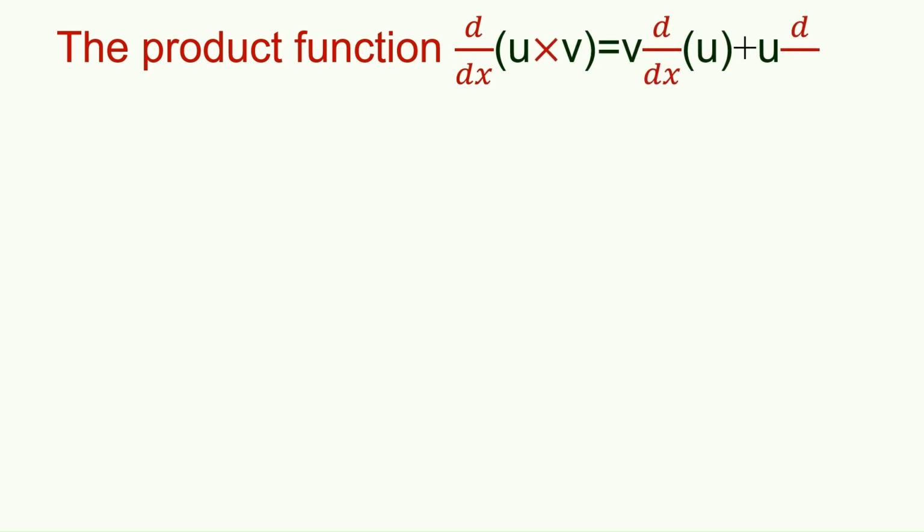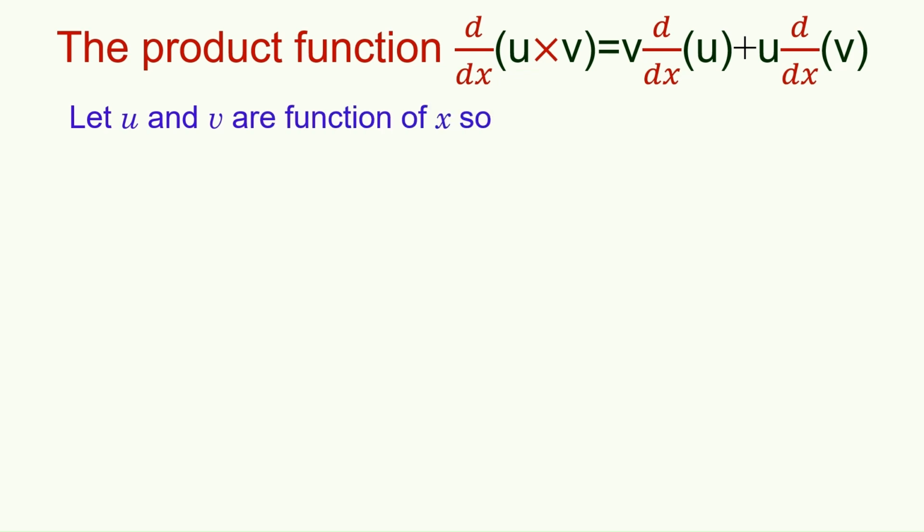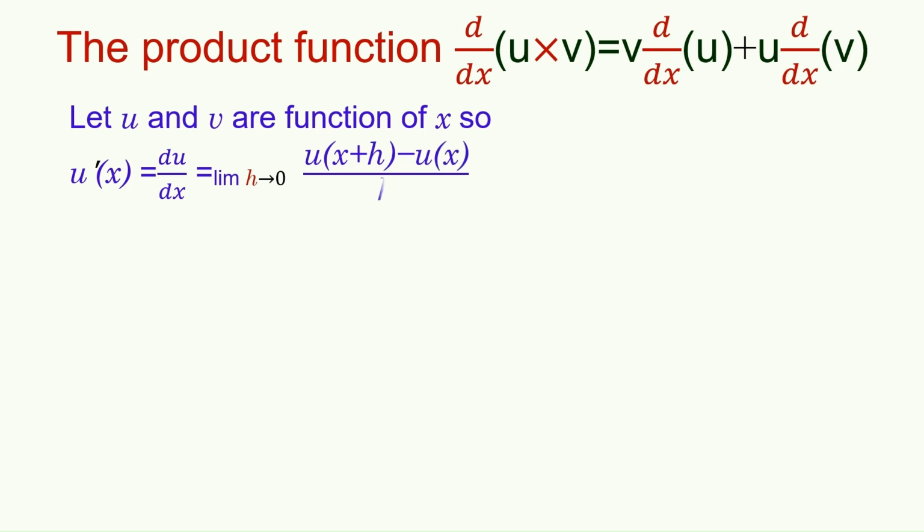The product rule: d dx u times v equals v d dx u plus u d dx v. Let u and v be functions of x, so u dash of x equals du dx equals limit h tends to 0, function u of x plus h minus function u of x whole divided by h.